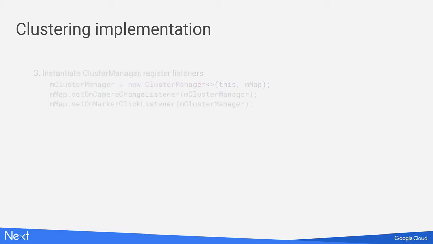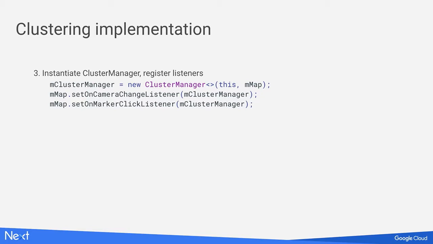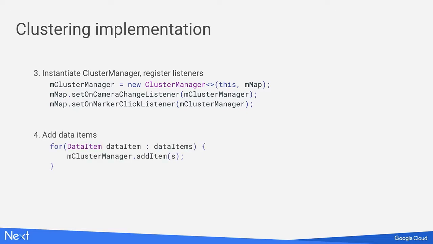Once we have that done, we instantiate one of these cluster managers, and we tell our map that anytime the camera changes or the user clicks on the map, the map should let the cluster manager know about it. And that's how, when we interact with the map, those clusters coalesce and form new ones or split up. And then step 4, we tell our cluster manager that here are all our restaurants.